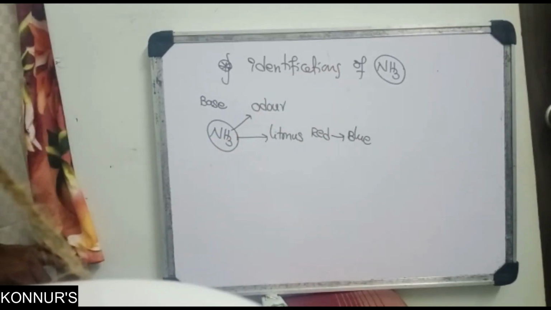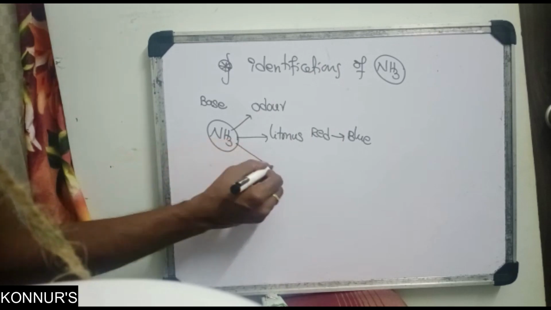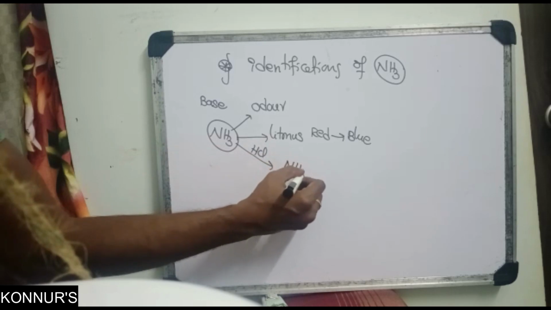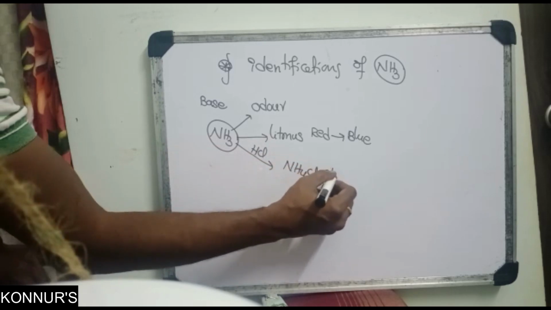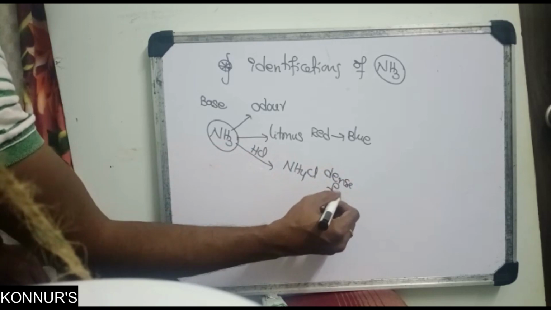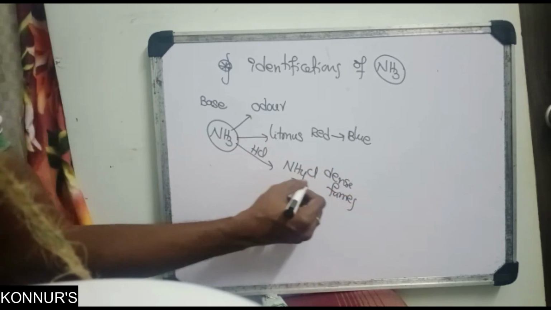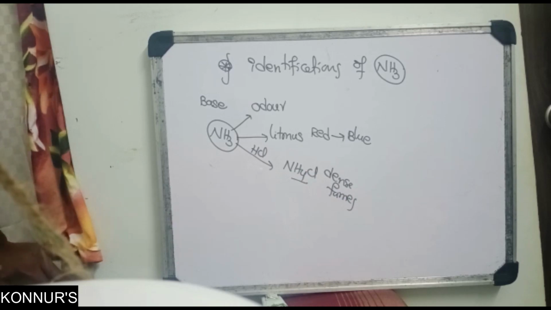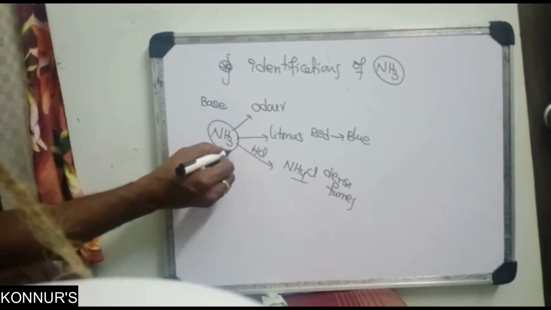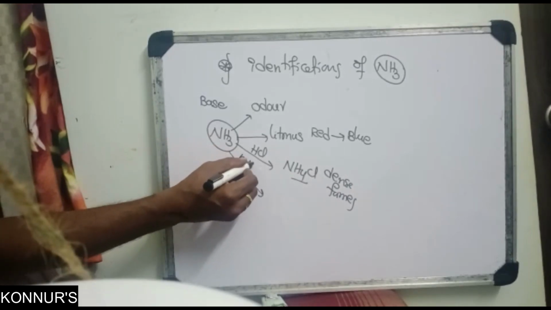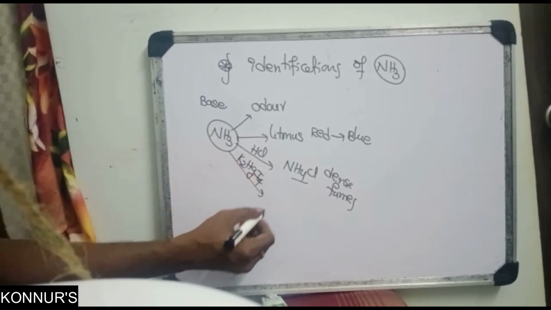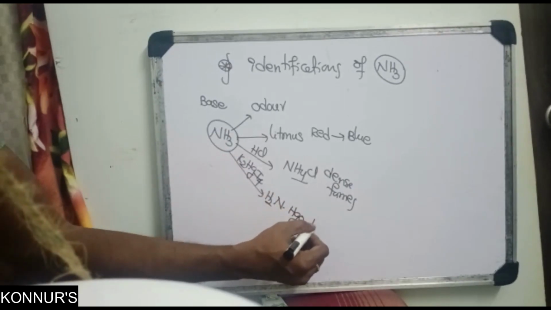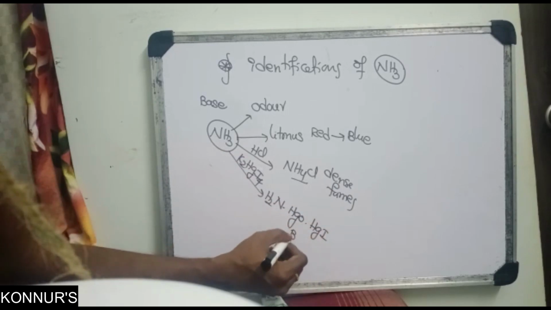That also you can identify. Next, you send HCl. If you are sending HCl, you are getting NH4Cl, dense fumes. So by seeing dense fumes, you can identify that ammonia is there. Next, we already saw Nessler's reagent, K2HgI4. With Nessler's reagent, what are you getting? NH2HgO HgI. So this is what? Brown color.